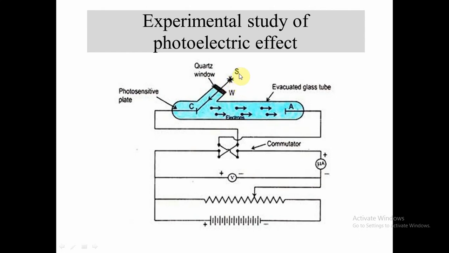As soon as the light from the source S enters through this window and falls on the photosensitive plate, electrons are ejected from plate C and accelerated towards the collector plate A, which is connected to a positive potential. As we go on increasing the intensity of the incident radiation, the photoelectrons ejected from the photosensitive plate gradually increase, and therefore the photocurrent through the circuit also increases, which can be measured using the micrometer.